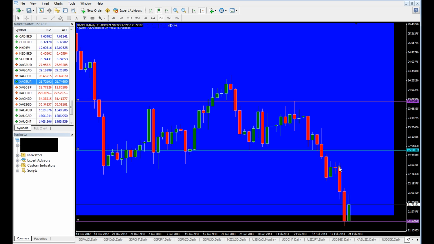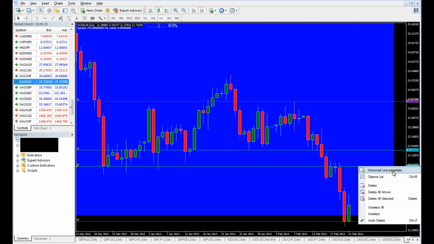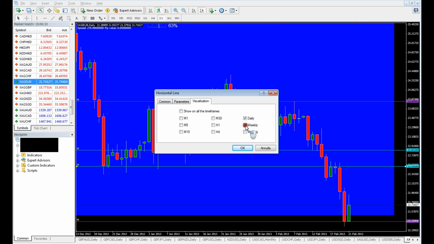What we can see here and here is that there is some sort of invisible level, which would be actually a real level, a daily level. We can even place it. You see, now I'm going to show it only on the daily chart, so it does not clutter the higher time frames.